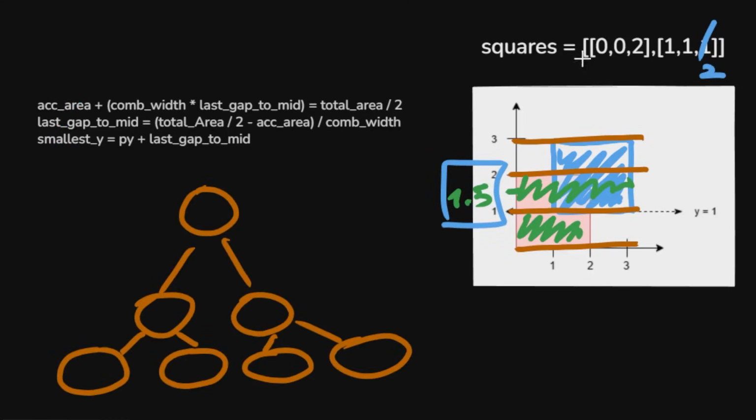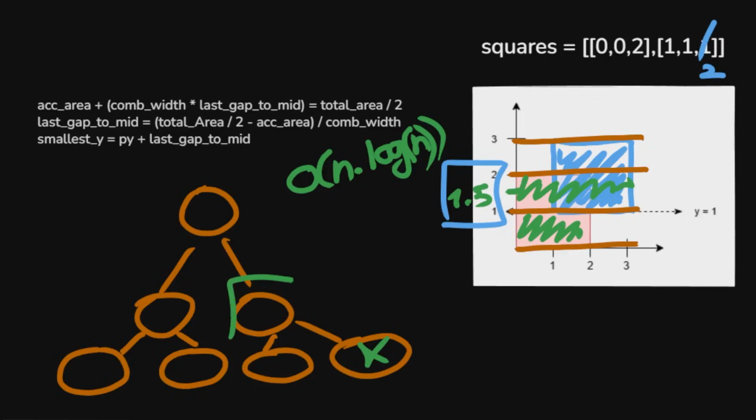Now, regarding time complexity, we need to iterate squares. We know that this requires big O of n, where n is the amount of squares, and we need to run operations on our segment tree. Each of these will require log n time complexity, and maybe you are wondering why. Well, let's say that we decide to update this node.